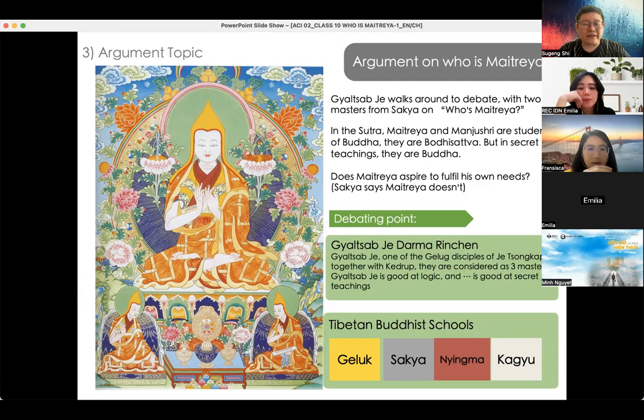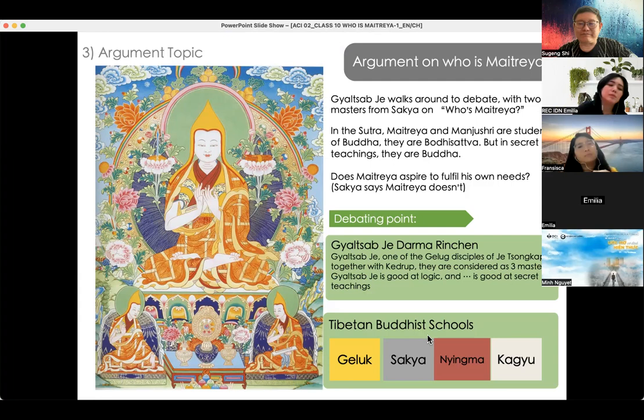Of course, the third one is Gendun Drup. Gendun Drup is the first Dalai Lama, right? Of course, there are many students. Being a great master himself, he has many students, right? But these are the three main students that we always mention. But in the Tanka, we only have two, left and right.